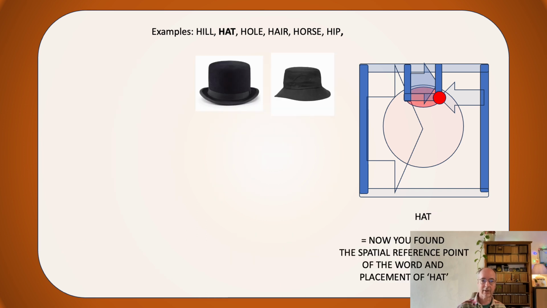When we find that at the end, we will have the space in which we orient ourselves to make a physical object, which also makes a distinctive place or placement via the T. And there is the place of the hat.